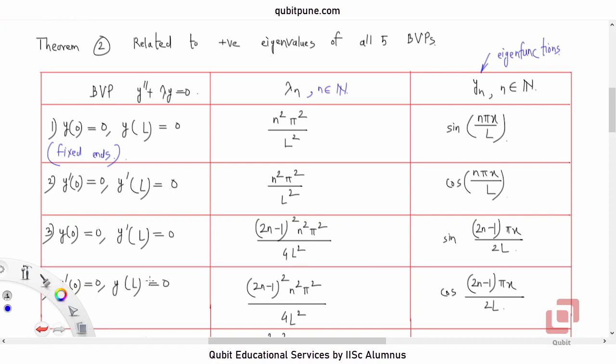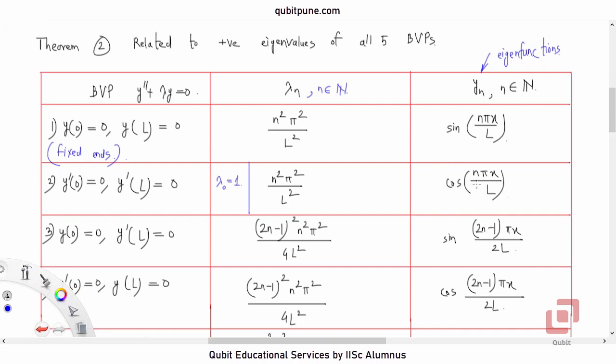Okay, when you go to the second boundary condition, that is y dash of 0 equal to 0 and y dash of L equal to 0, remember it does have the eigenvalue lambda naught equal to 0, but it also has non-zero eigenvalues given by the same formula, n squared pi squared by L squared, but this time the eigenfunctions are different, which are cos n pi x upon L for every natural number n.